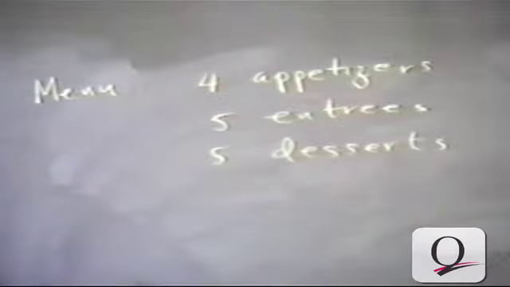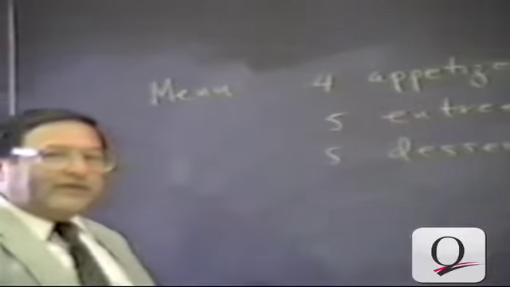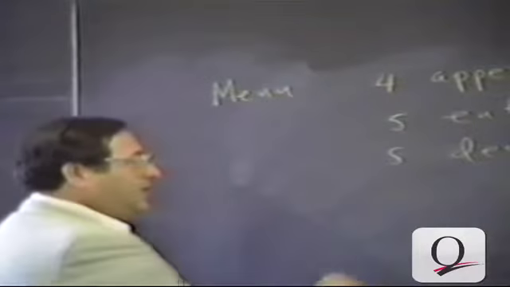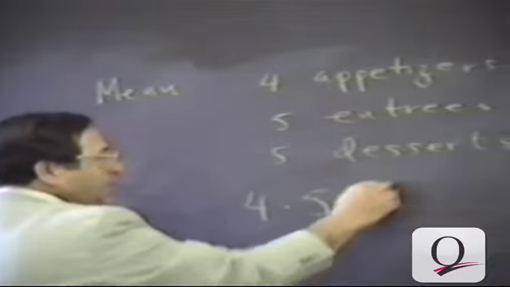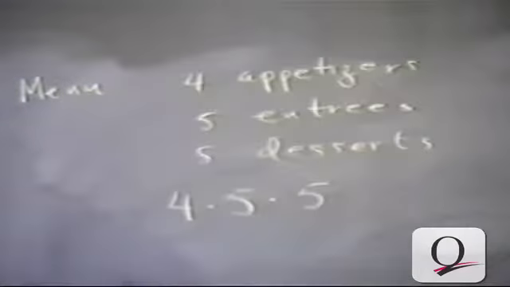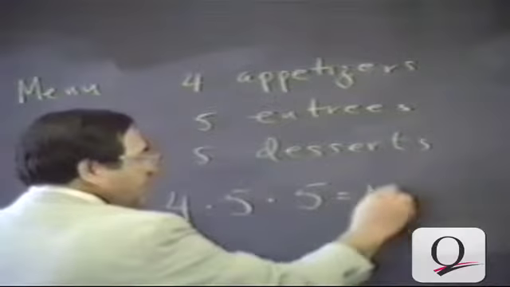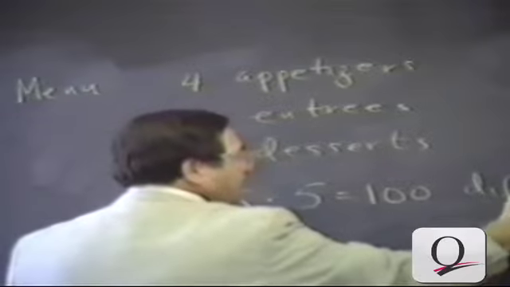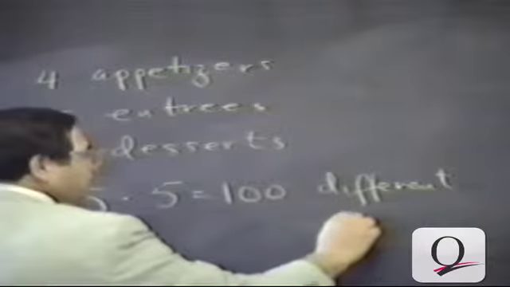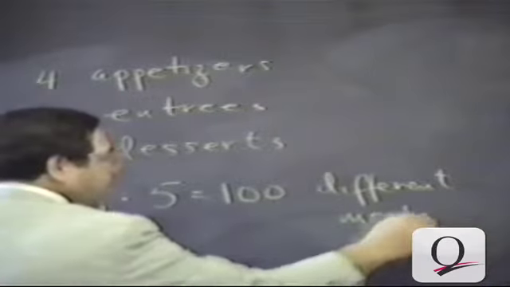How many ways could you make a meal if you had to choose one of each? And the answer would be 4 times 5 times 5, which would be 100 different meals. All right?